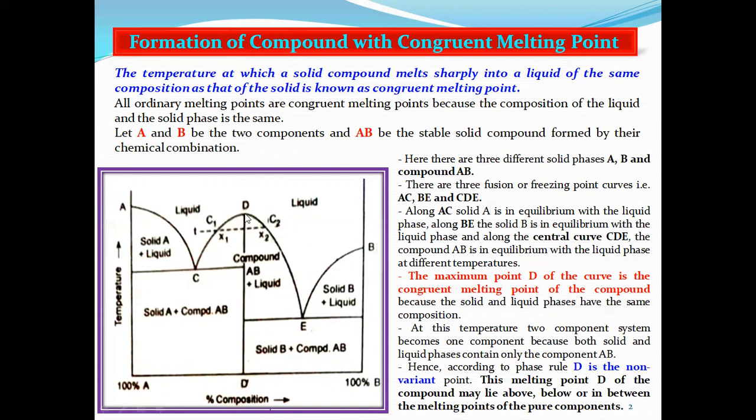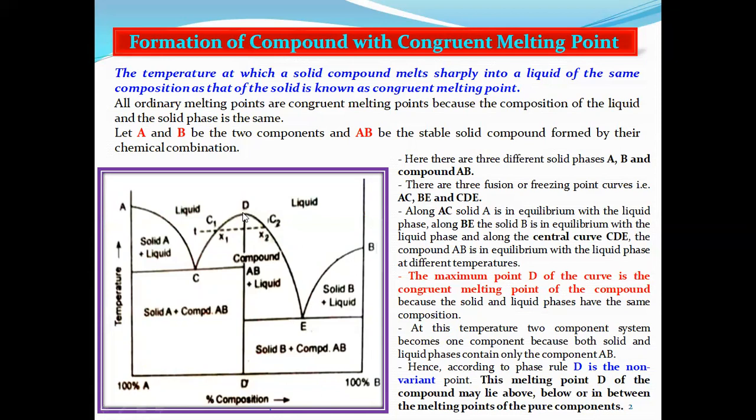The maximum point D of the curve is the congruent melting point of the compound AB because the solid and liquid phases have the same composition. At this temperature, the two component system becomes one component because both solid and liquid phases contain only one component, that is compound AB. Hence, according to the phase rule, D is the non-variant point.